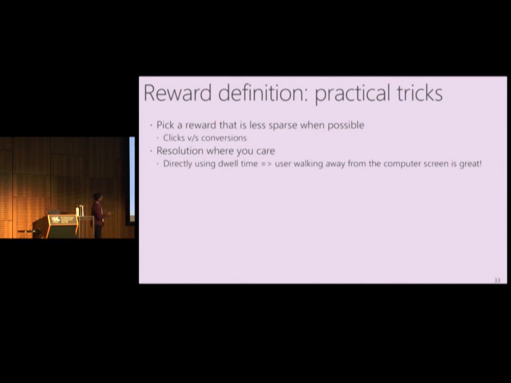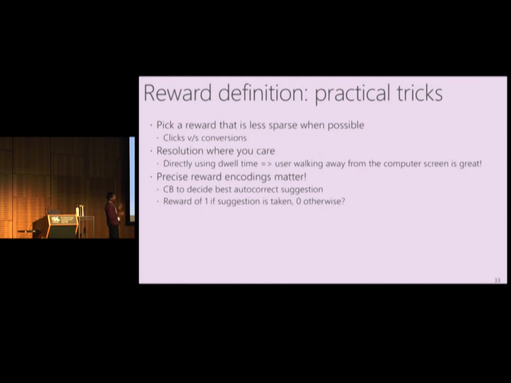An extreme example could be if you're trying to improve the dwell time of a user, maybe the best thing to do is to actually do something so offensive that they have to walk away from their computer screen for 10 minutes, right? And you get a great dwell time, you think. So it's important to make sure that you're not being driven by outliers, that you're normalizing things in the right way so that you can compare policies meaningfully.